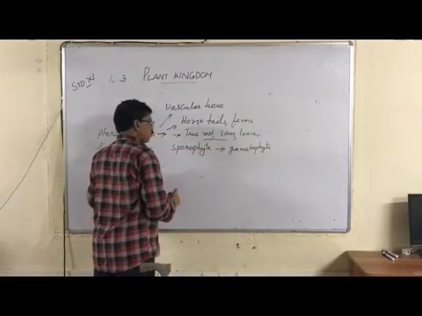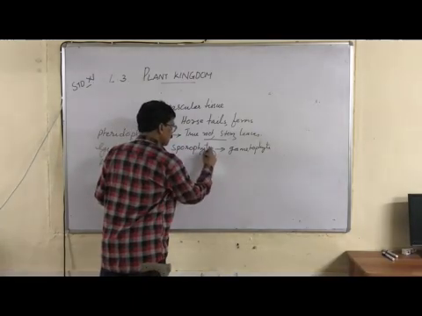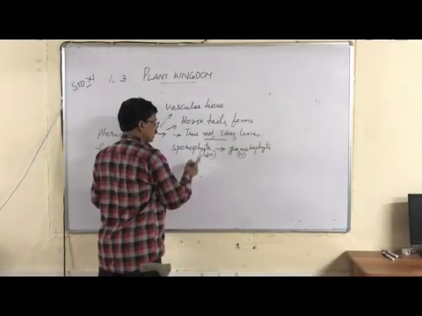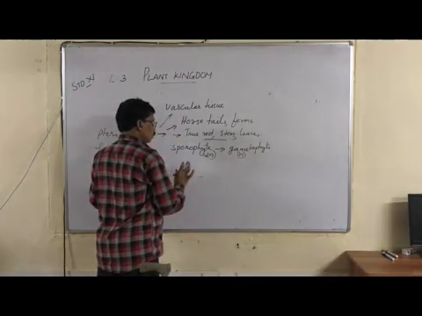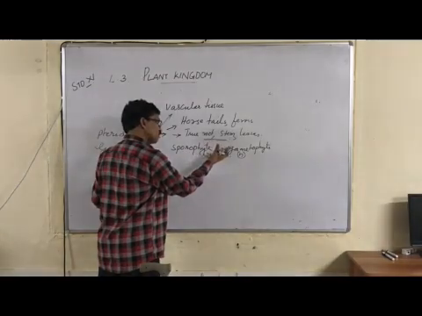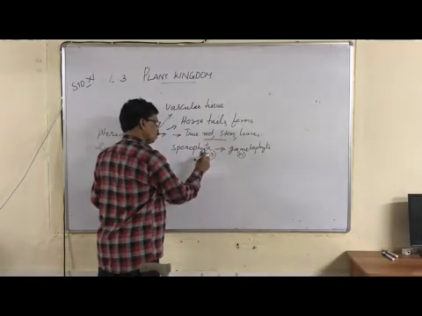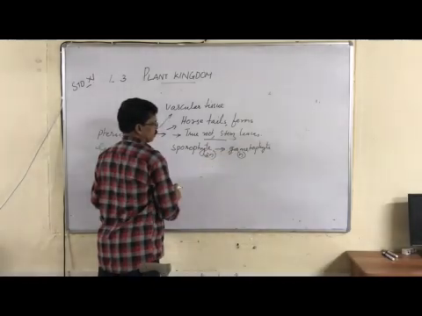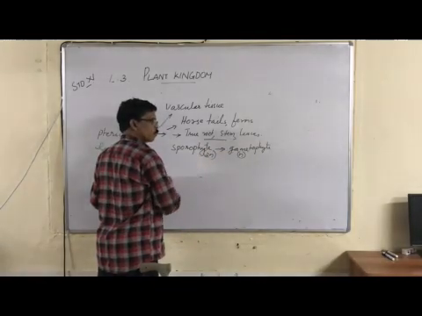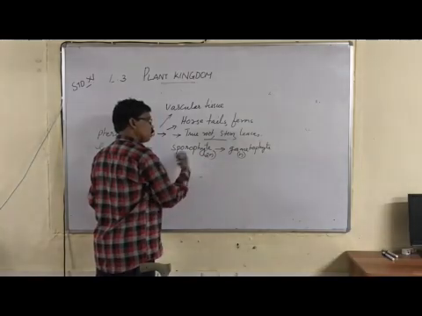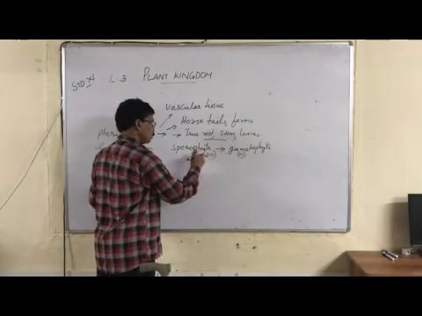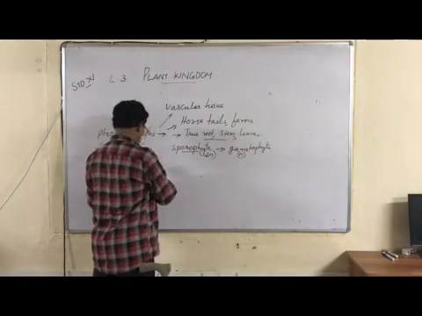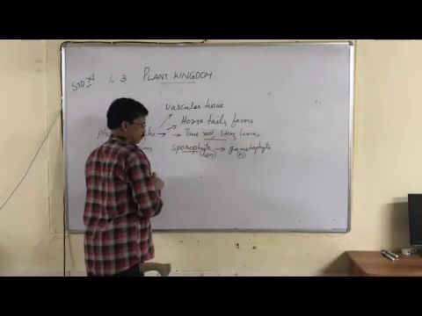So we can say sporophyte is diploid and gametophyte is haploid in nature. Such a life cycle is called alternation of sporophytic and gametophytic generations, or alternation of diploid and haploid generations. That is opposite of bryophyte. In bryophyte the gametophyte is the dominant generation. Here in pteridophytes, the plant body is the sporophyte.